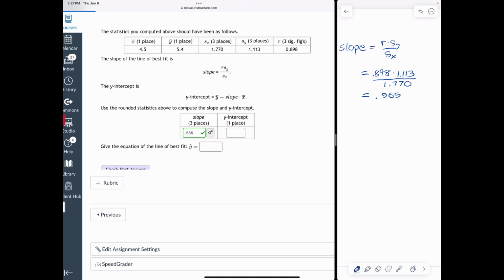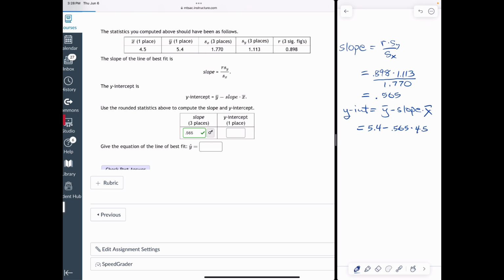Now, again, the formula for the y-intercept is here. So this will be y bar minus the slope times x bar. So the y bar, of course, is 5.4 minus the slope 0.565 times x bar, which was 4.5.